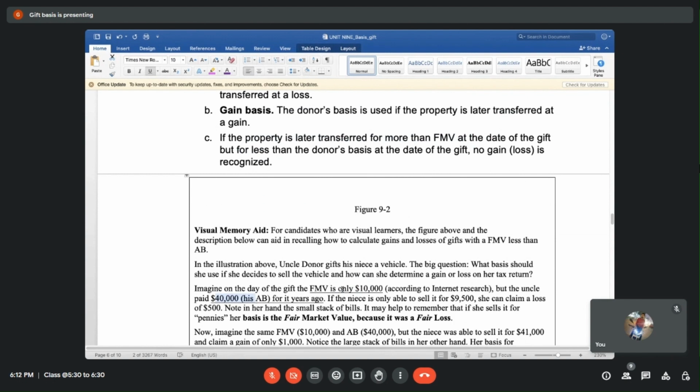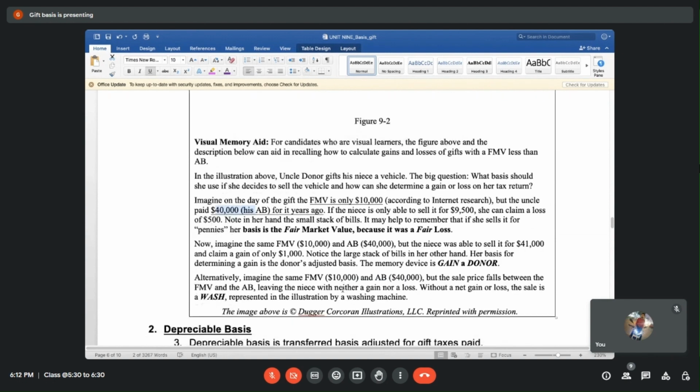Imagine the same fair market value of 10,000 and basis of 40,000, but the sale price falls between fair market value and the adjusted basis. Maybe it's $20,000. Let's say it's 20,000 because it is in between these two. Then the niece doesn't have any gain or loss. She doesn't have to report any gain or loss.